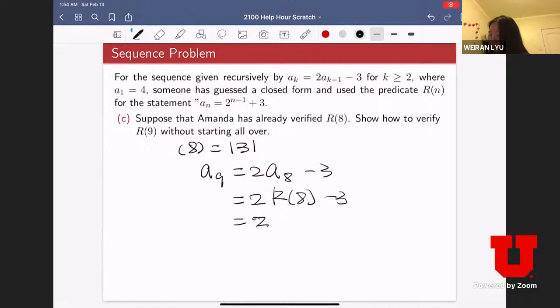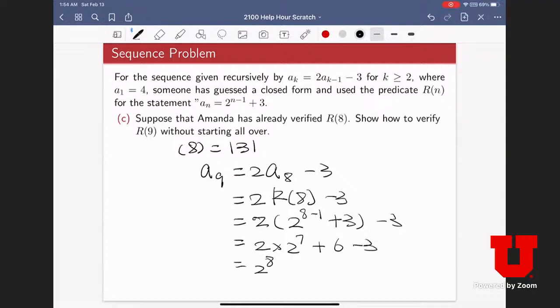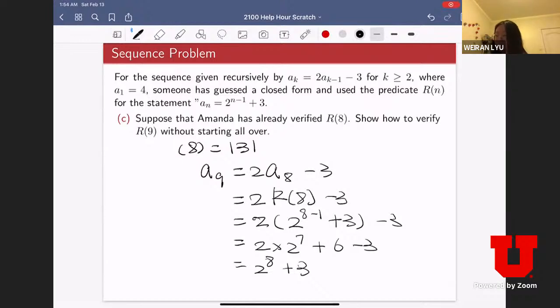And we know R8 is 2 to the 8 minus 1 plus 3, and then minus 3. If you just rearrange this, you would get 2 to the 8 plus 3. And that is the same as 2 to the 9 minus 1 plus 3, which equals R9.